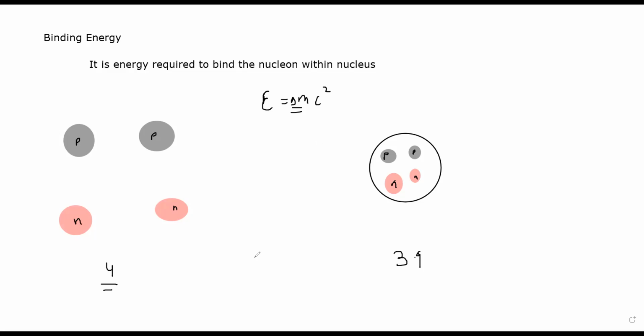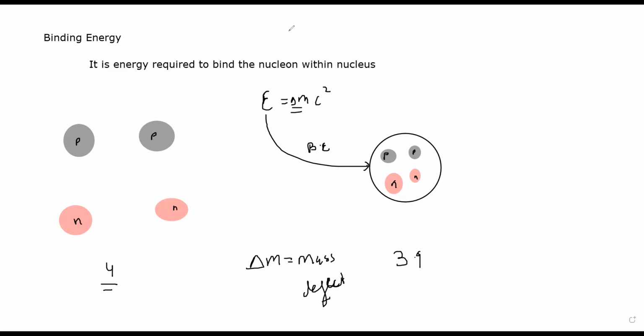So when we calculate the difference between the mass of the particles outside, independent, and the mass of the nucleus, we will find there is always a difference, and that difference is known as the mass defect. And mass defect multiplied by the speed of light squared tells us how much energy there is to hold these nucleons inside the nucleus, and that energy is known as the binding energy.